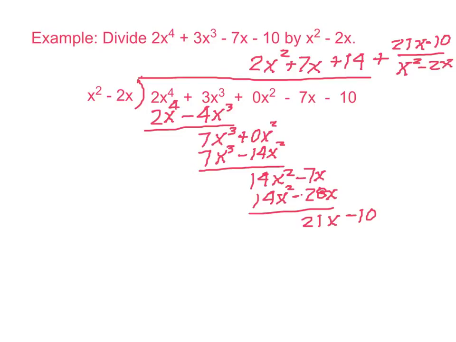So there's our result. In this case, we have a remainder, so our result is 2x squared plus 7x plus 14 plus 21x minus 10 over x squared minus 2x.